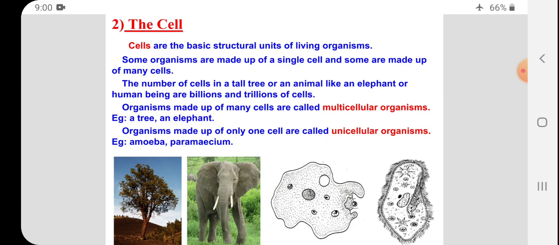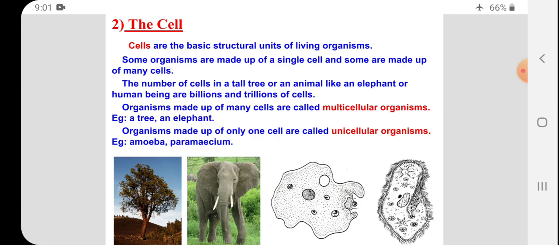So, guess what? Human beings are unicellular or multicellular? Of course, we are multicellular organisms. The number of cells in a tall tree or an animal like an elephant or human beings is billions and trillions of cells. Organisms made up of many cells are called multicellular organisms. Examples: tree, elephant, humans.